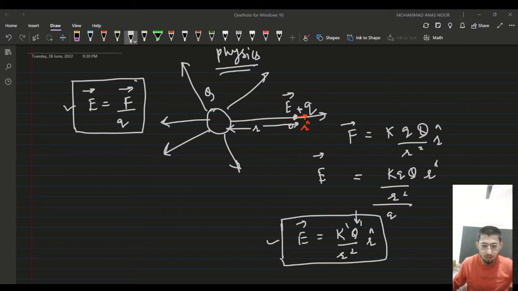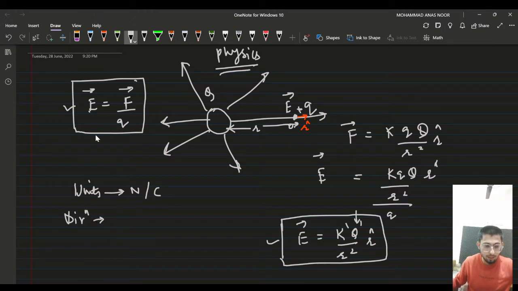So let us do some questions on this basic concept. And now I told you the units also, because since the force is a vector, electric field would also be a vector. The units were Newton per coulomb, right? And the direction, because since it is a vector, we need to define the direction as well.